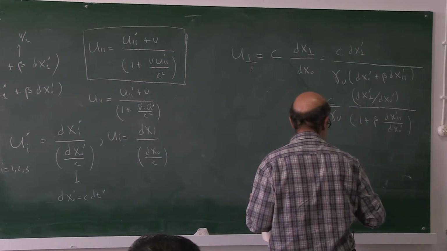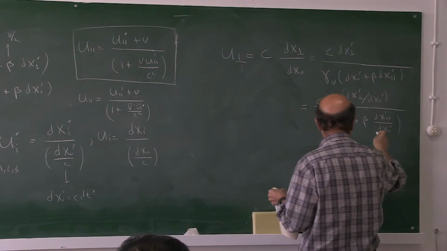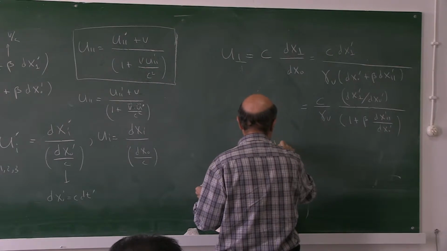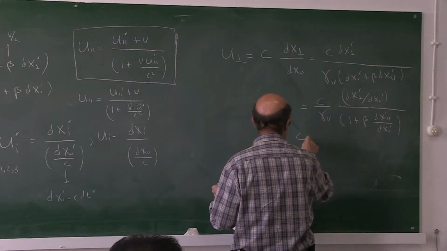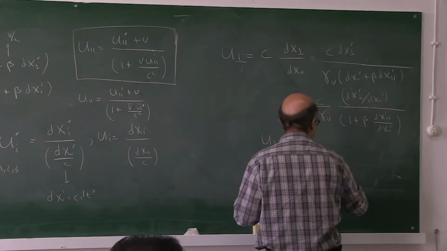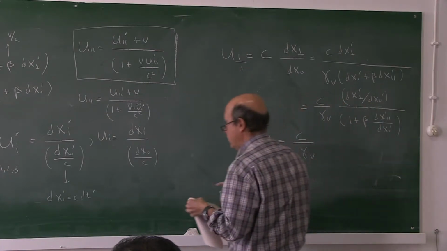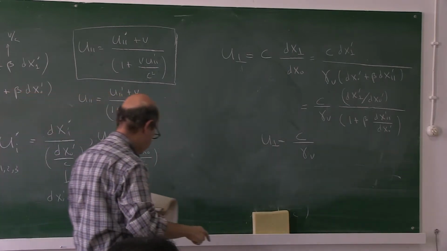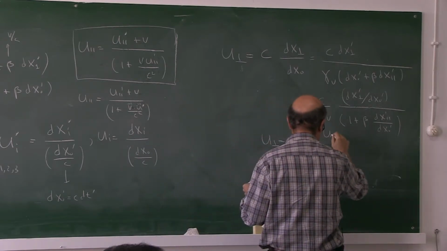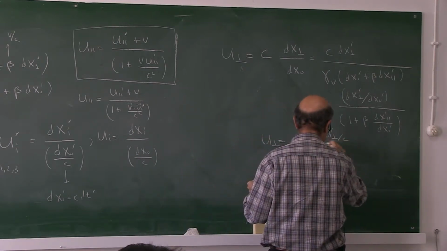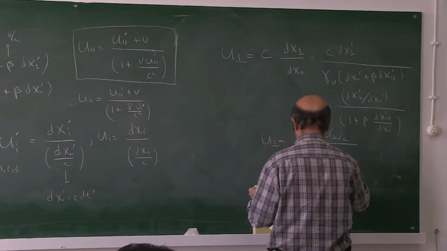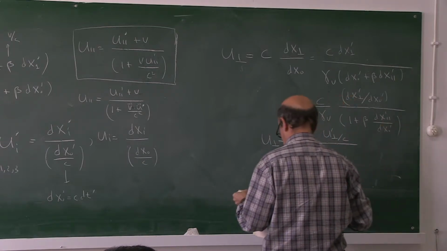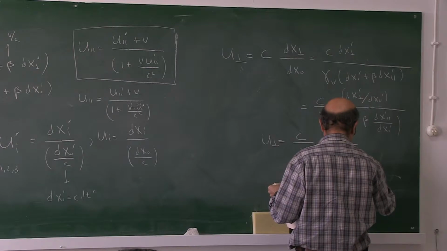This should be the perpendicular velocity, and the overall result should be the following: u perpendicular will be c over gamma v, equal to x prime over x0 prime, u perpendicular prime over c, divided by 1 plus v over c, and for this one you can write u parallel prime over c.